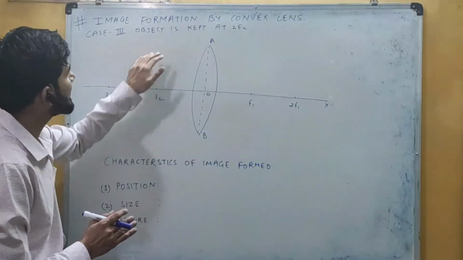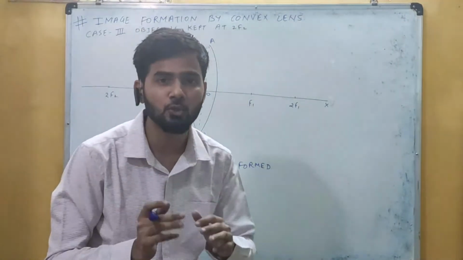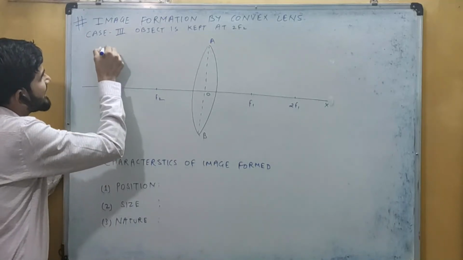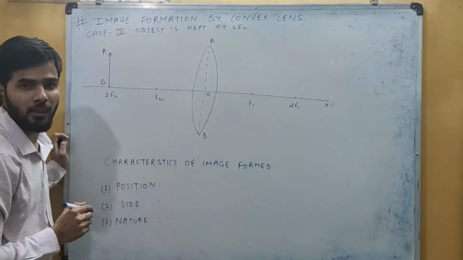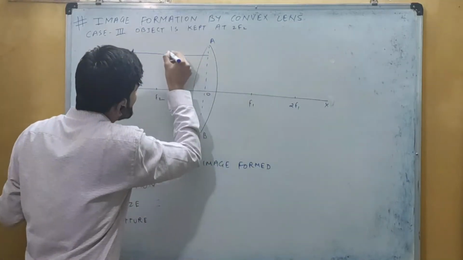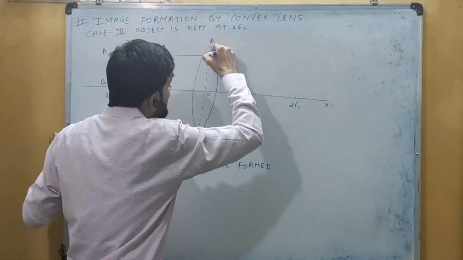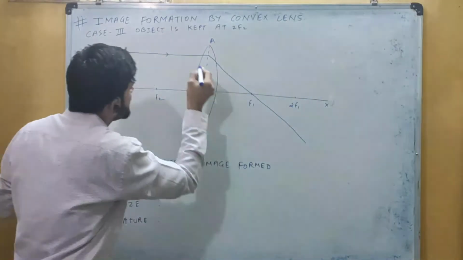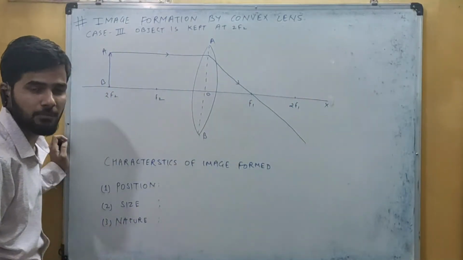Okay, so here the third case is when the object is kept at 2f2. So let us keep the object at 2f2. This is A and this is B. We will use rule number first. If a ray of light is parallel to the principal axis, then after refraction it passes through the principal focus, that is the first principal focus.